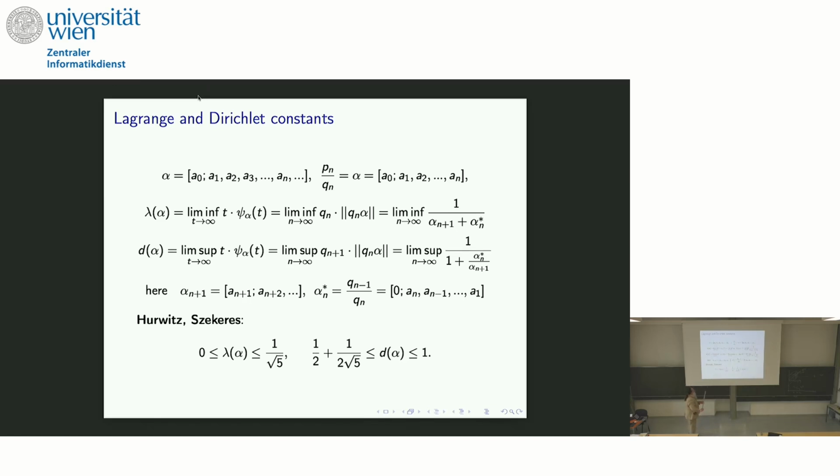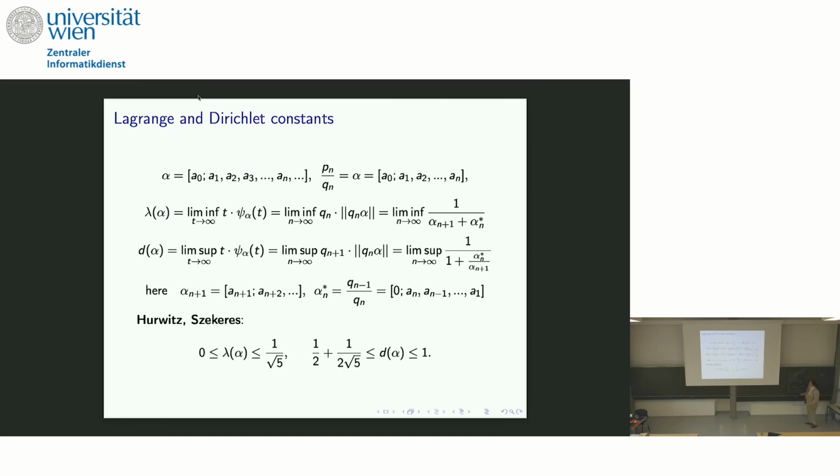Well, important objects are the Lagrange constant and the Dirichlet constant. I will explain in one second. Look, for our irrationality measure function, we have two types of points. The points which deal with ordinary approximations, and the points which deal with uniform approximation.